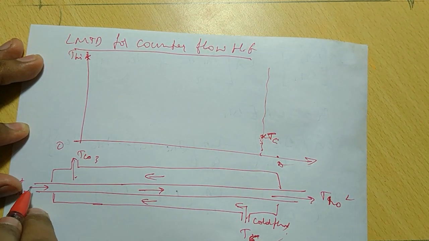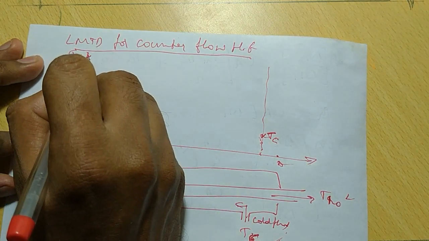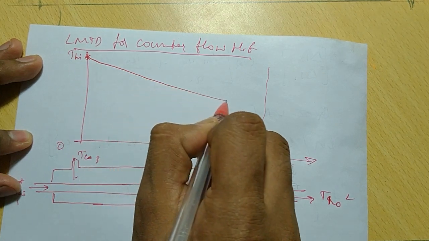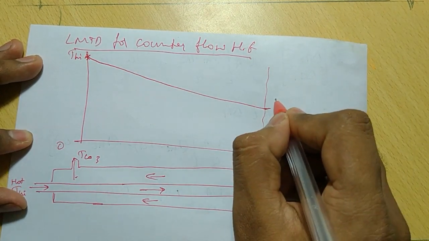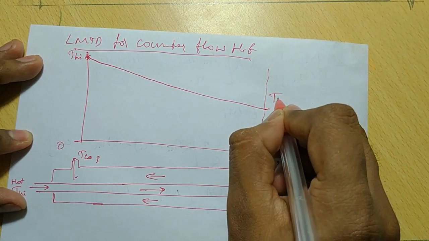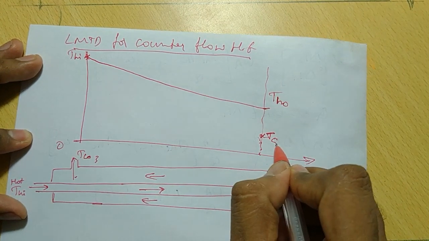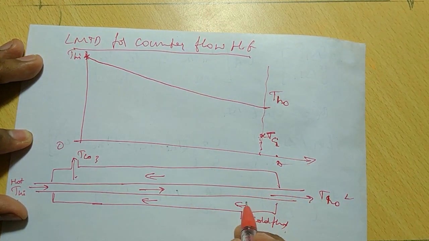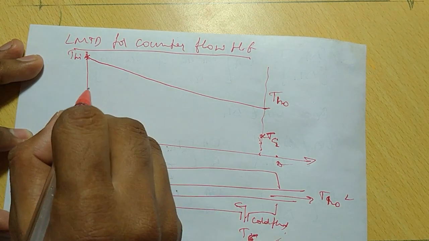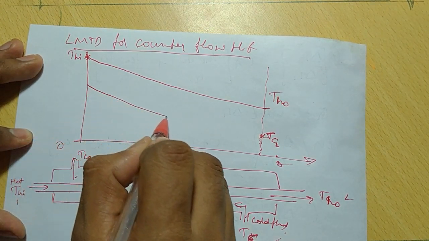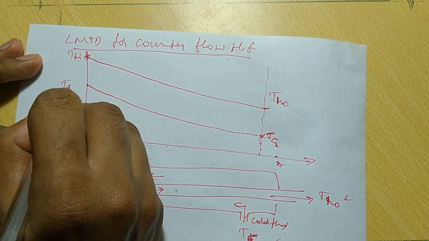When the hot fluid is moving along the inside pipe, at every section its temperature keeps reducing, so I obtain TH naught. In the same way, for the cold fluid, at every section the temperature keeps increasing. This is TC naught.